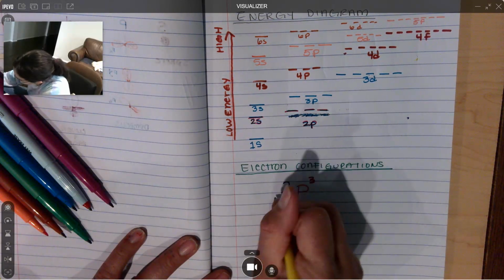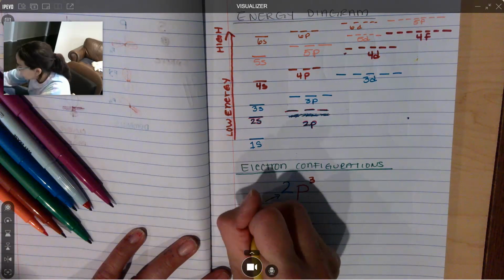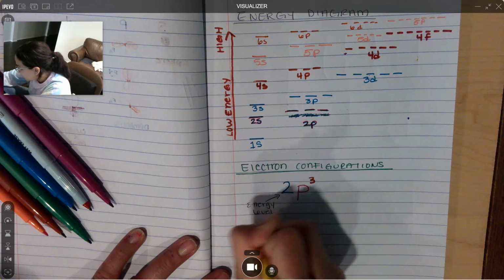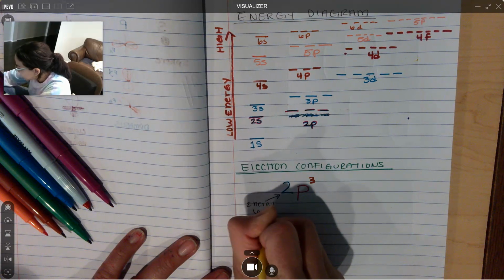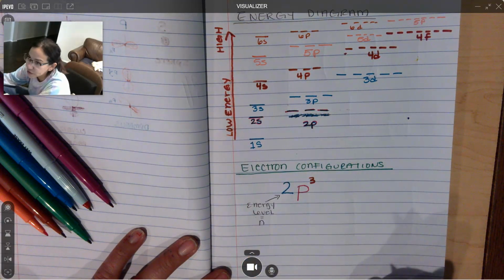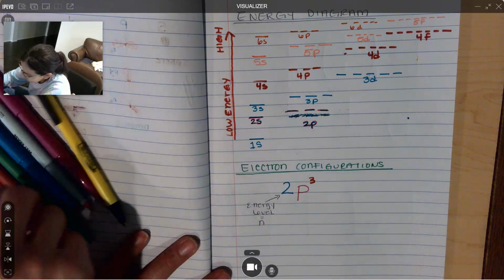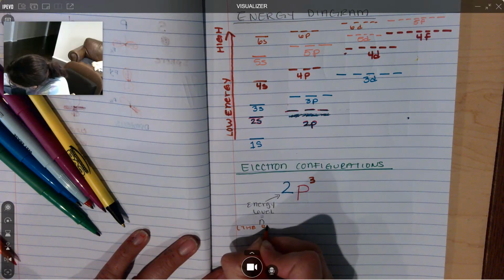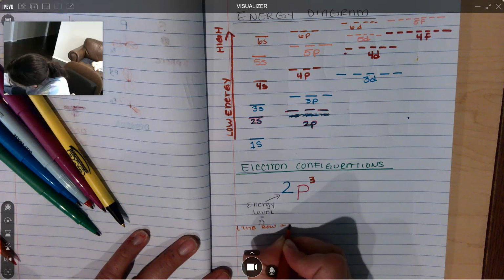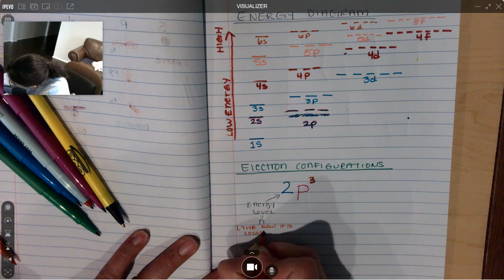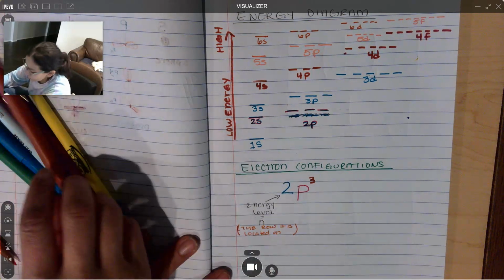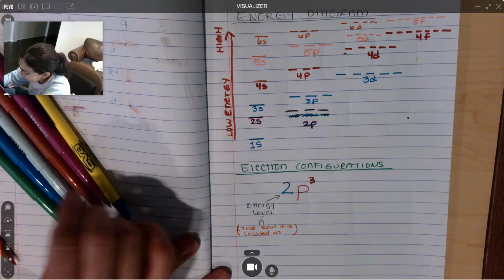The number 2 represents the energy level, so it equals n, right? Our energy level is the same as what row something is in. So what row is it in? The row it is located on. And obviously when we say location, we're talking about the periodic table.